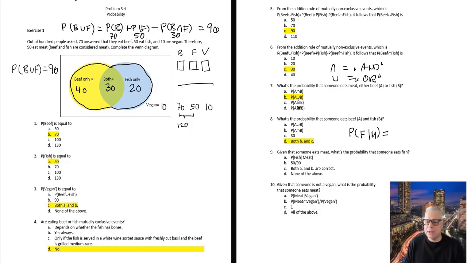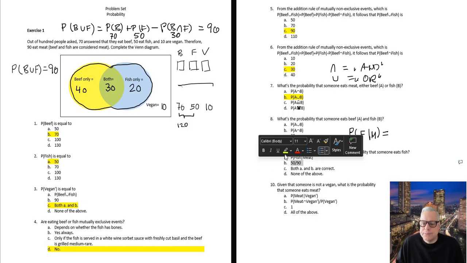So the probability that somebody who eats meat eats fish would be 50 over 90. So both languages are correct.